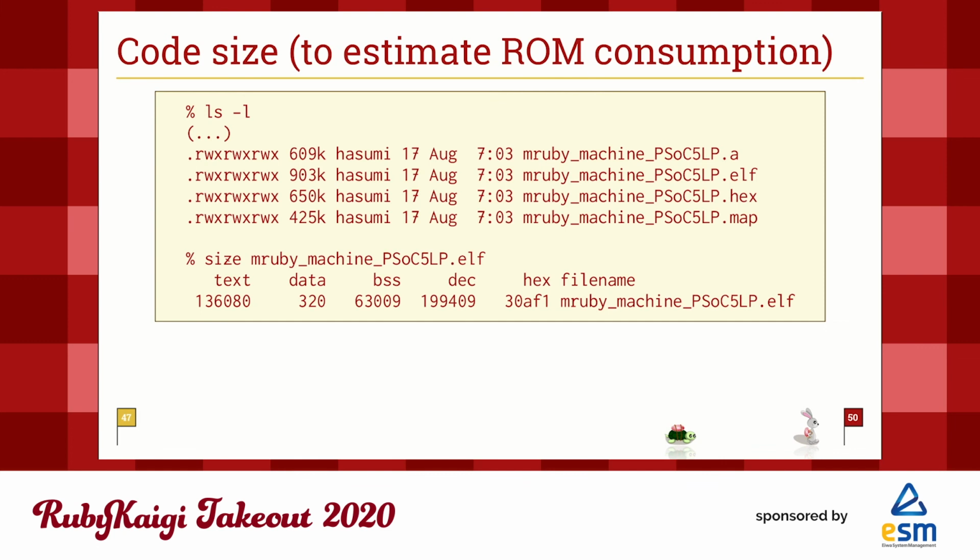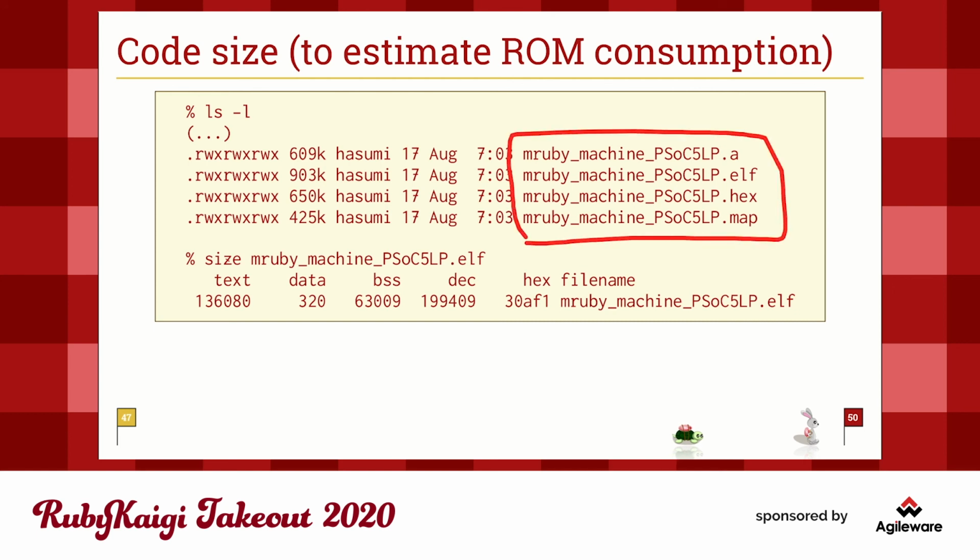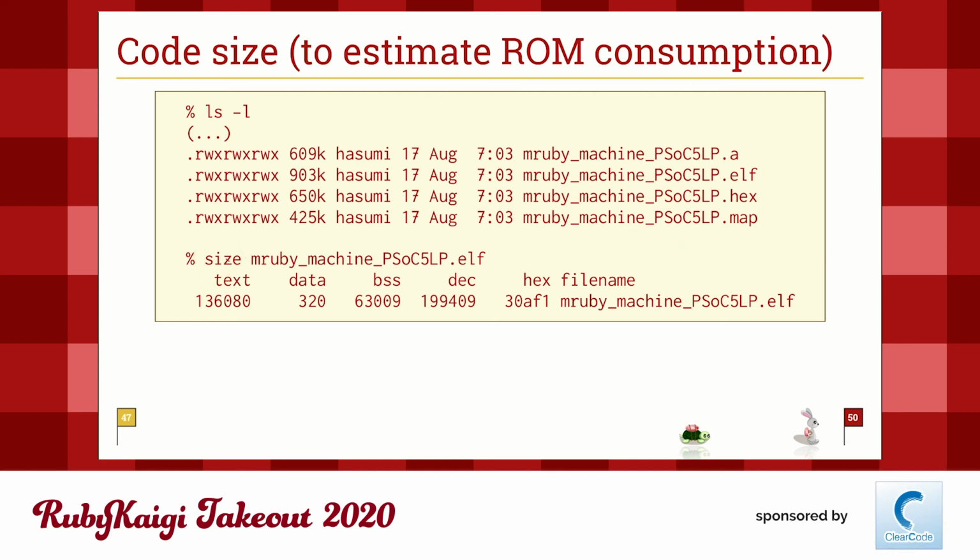Now I will finish my talk by showing a code size comparison. These are the application code files, what I demonstrated at the beginning of this talk. Then you can use the size command to estimate how much ROM will be used. The text section is machine code.